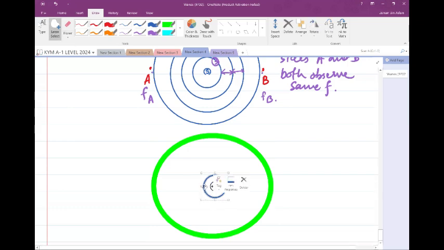Why will it get bigger? Because this circle is indicating waves traveling in all directions. And as the waves continue to move away from the source, this circle will continue to get bigger. So this circle I am drawing as a bigger circle now. That means this circle has become bigger as compared to its original size.